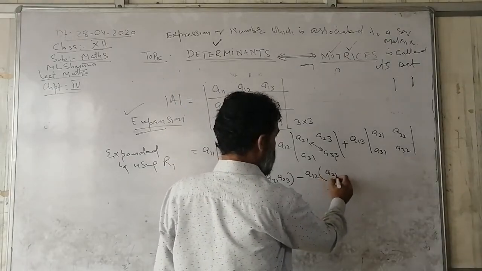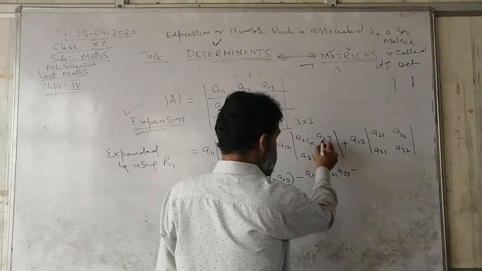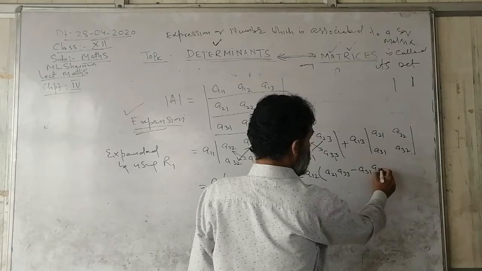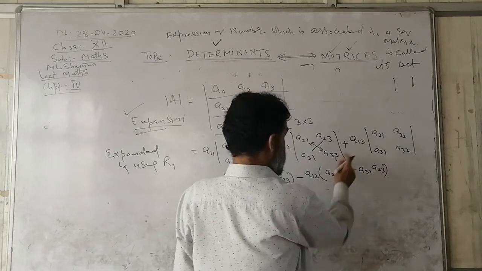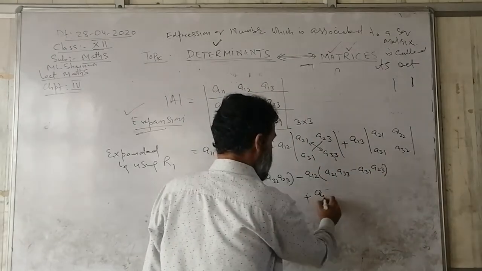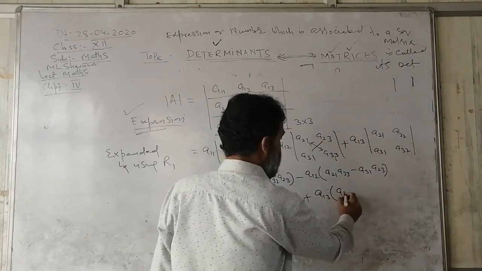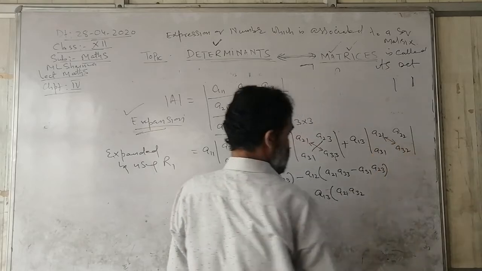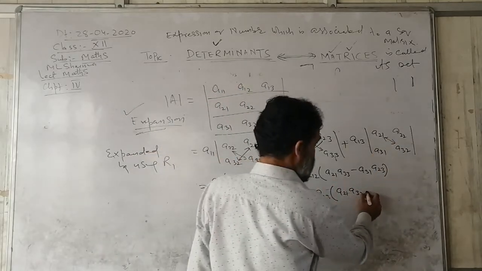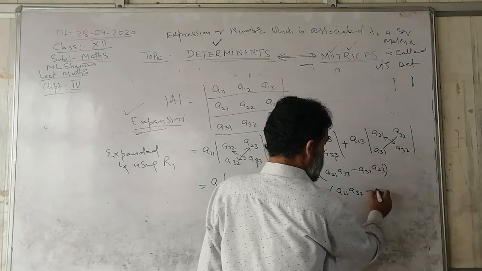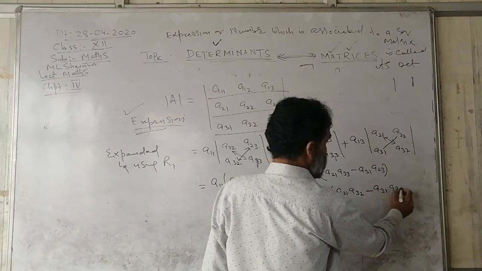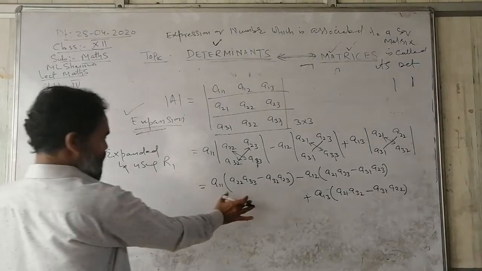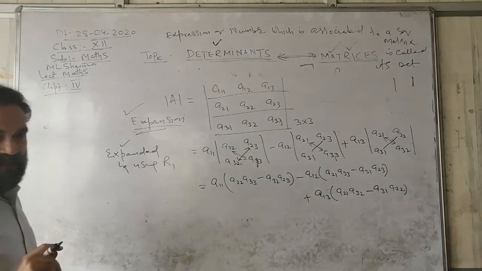So this will be A21, A33 minus the reverse diagonal elements A31, A23. Then plus A13 into A21, A32, the product of the principal diagonal elements, minus the reverse diagonal. So this is how a 3 by 3 determinant can be expanded using R1.